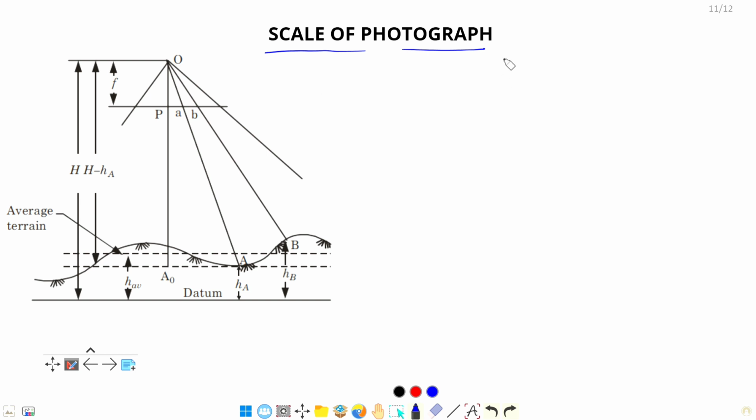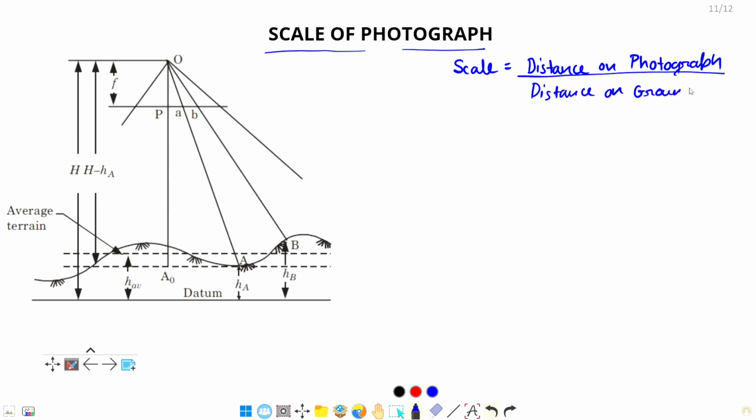As per definition, scale is equal to distance on photograph upon distance on ground. We will calculate for point A and point B separately. So for example, let's start with point A. Pay attention from here now.